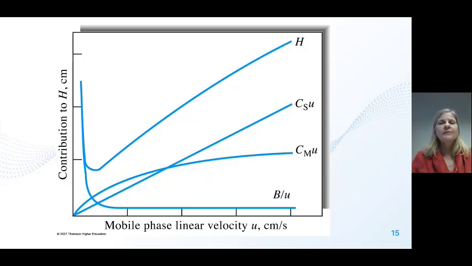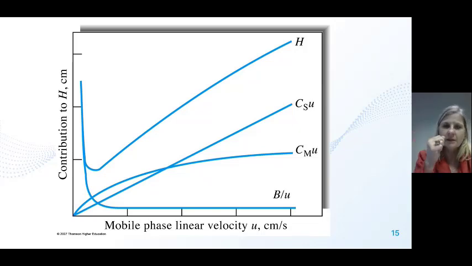This is just to show you the influence of the different terms on the van Deemter plot. Now remember, the A term we don't see in the plot because the A term has no flow rate as part of the equation. So the drop in plate height value is basically because of the second term, which is your longitudinal diffusion term.